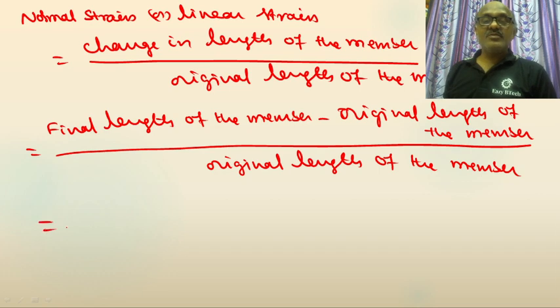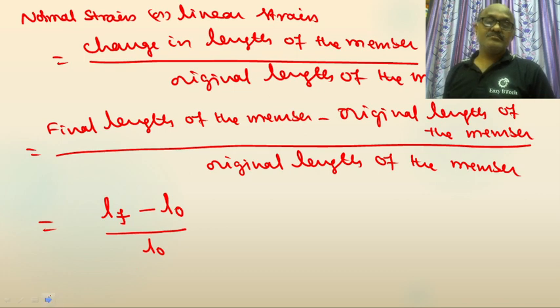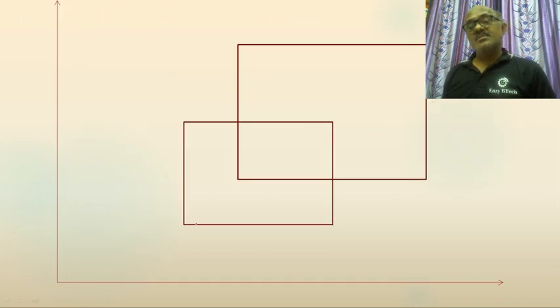That is equal to the final length, represented with LF, minus the original length, represented with LO, divided by the original length LO. Now, coming to our actual concept, this is the x-axis direction, this is the y-axis.